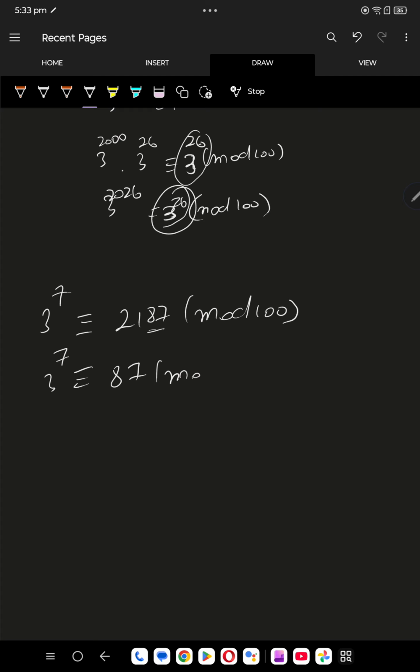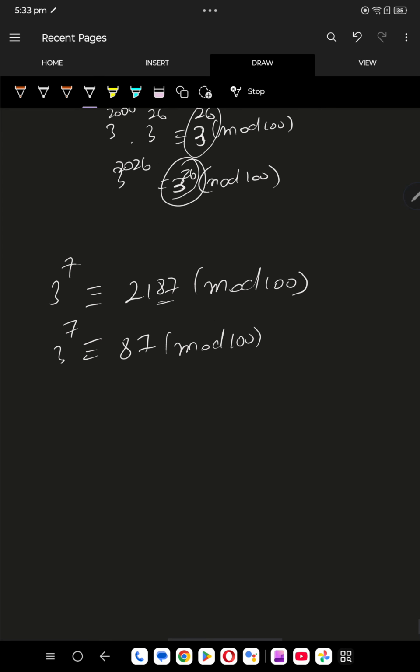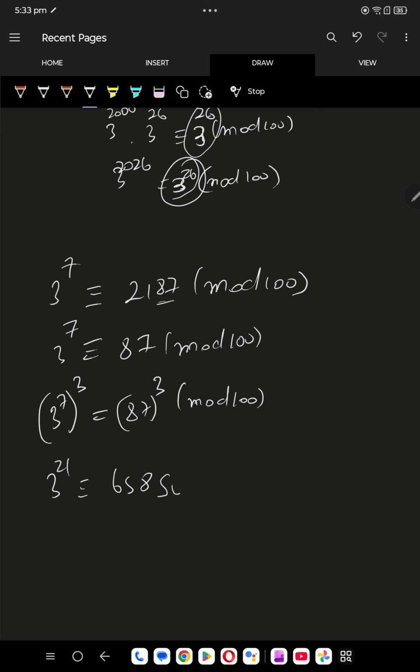87 mod 100. What did we want? 21. So cube, correct? So 3 power 21 is congruent to 87 cube, that is basically 658503 mod 100.